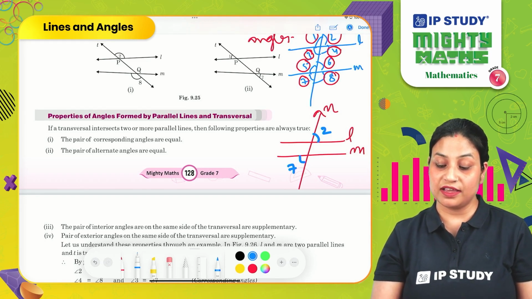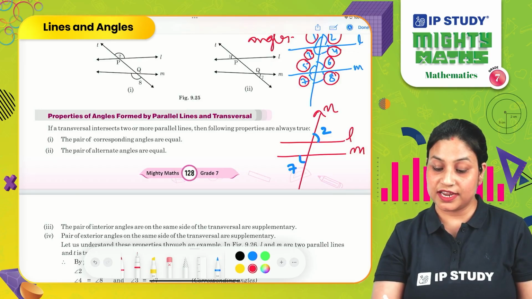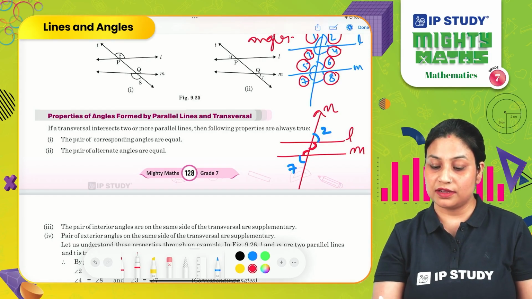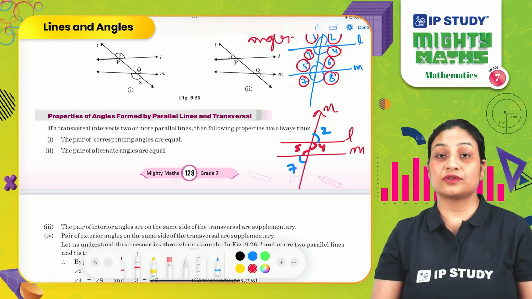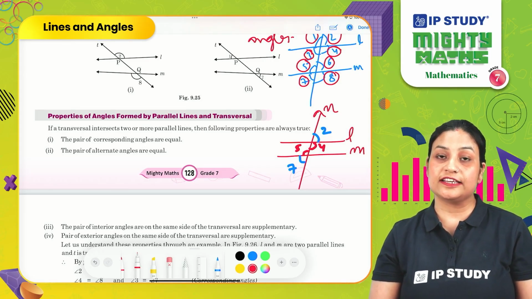In the same way, if we take these angles, can you see this one? This is angle 4 and this is angle 5, right? So these are called alternate interior angles.